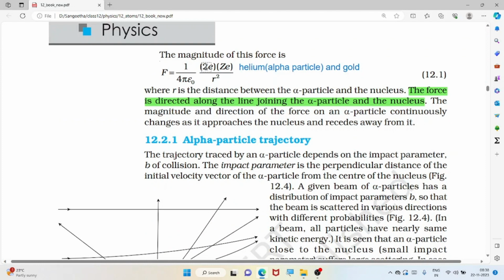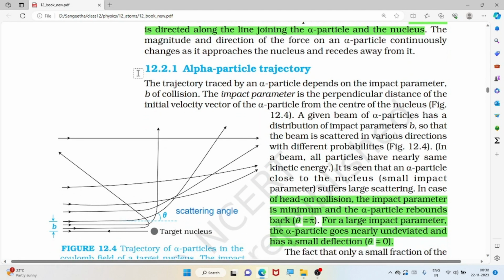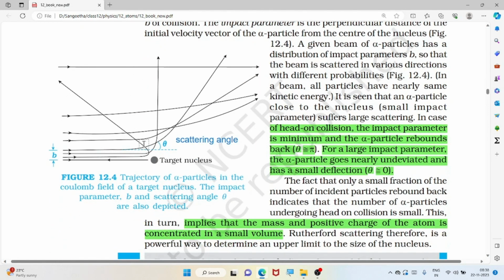This is the alpha particle and the gold, and this is the force. This is the alpha particle trajectory and this is the deflection angle.